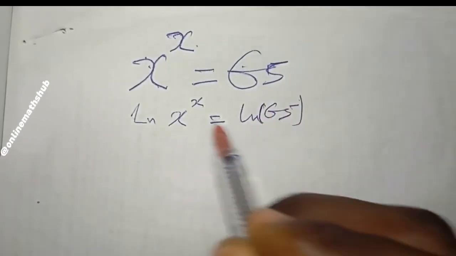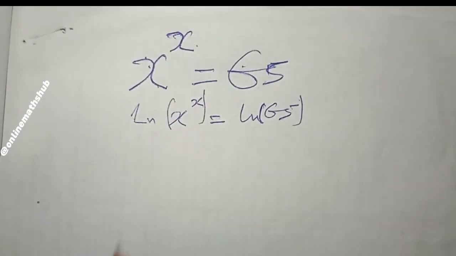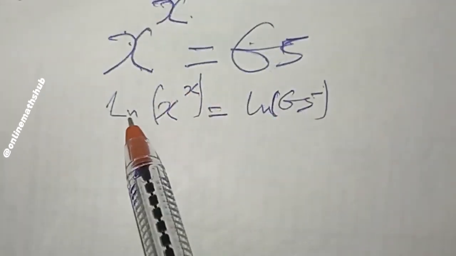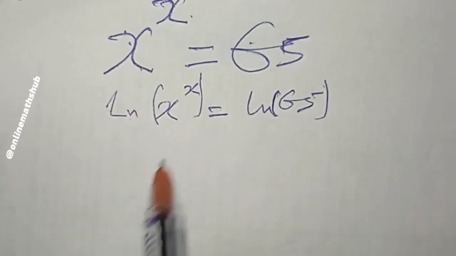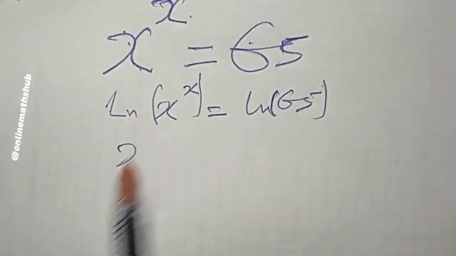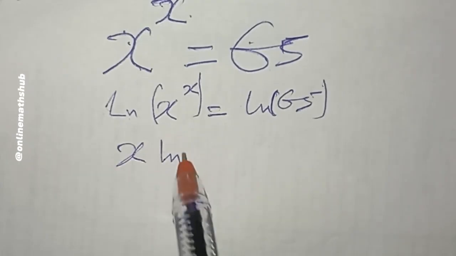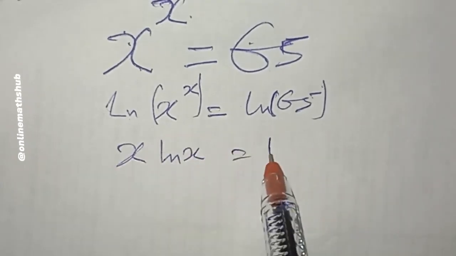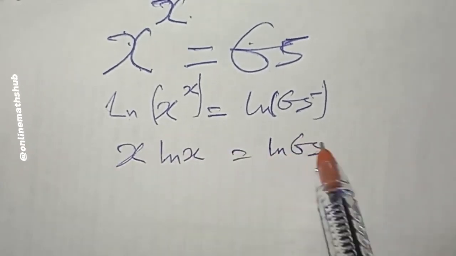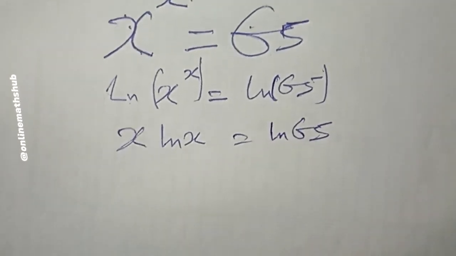Okay, so let me put them in bracket. And of course, because of the properties of natural log, I'm going to bring down this x, so that what I now have is x natural log of x is equal to the natural log of 65.